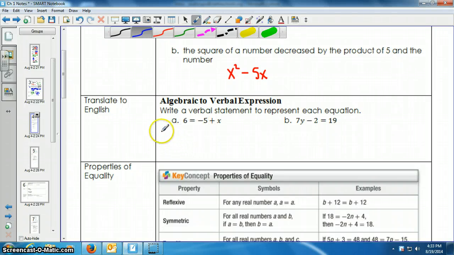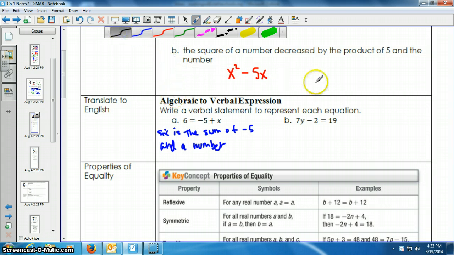So start off with 6 is the sum, or you could say equal to, of -5 and a number. And it could be a little bit different from mine and still be correct. There's a lot of different ways to write these. Okay, if you want to try the next one on your own and then check, you're more than welcome to do that. Pause.